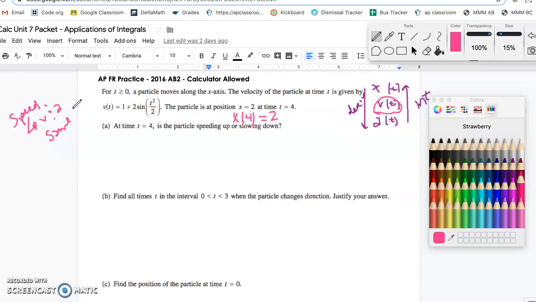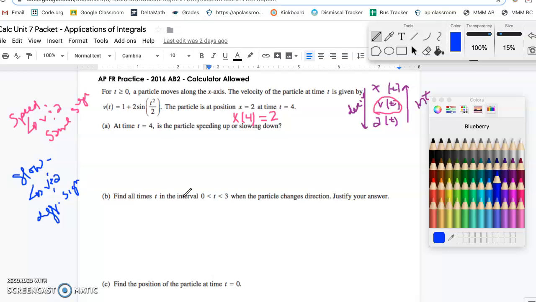And slowing down means that v and a have different signs. Sorry, this is very messy. So that's what I'm thinking in my head immediately.